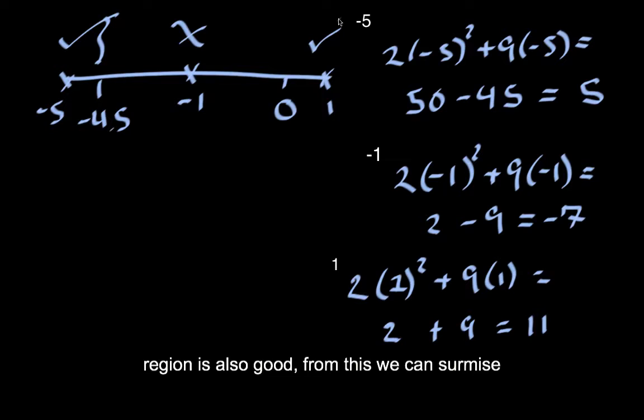From this, we can surmise, as we have our two zeros, and we found what interval does not work, we've proven that the outside intervals do work. Any value that is less than negative 4.5, and any value that is greater than 0.